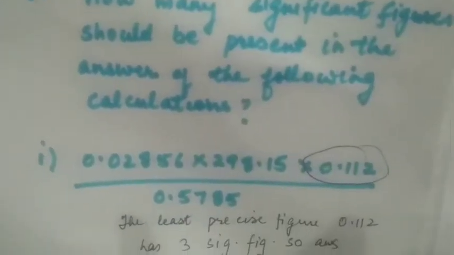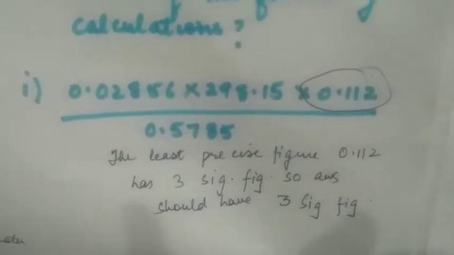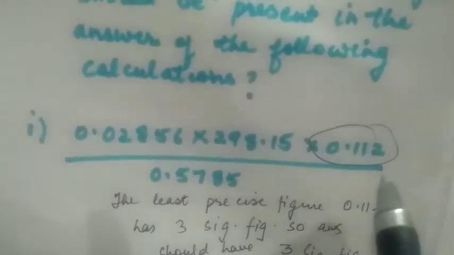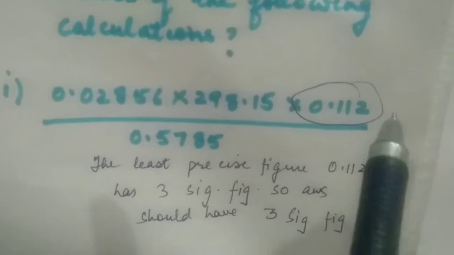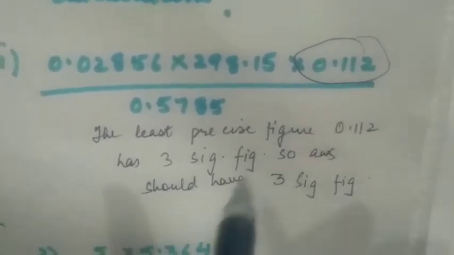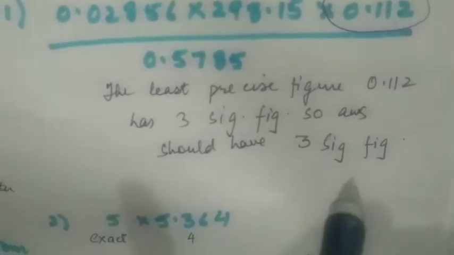How many significant figures should be present in the answer of following calculations? So you find out the term which has the least number of significant figures. So this term has 3, so the answer will also have 3 significant figures.